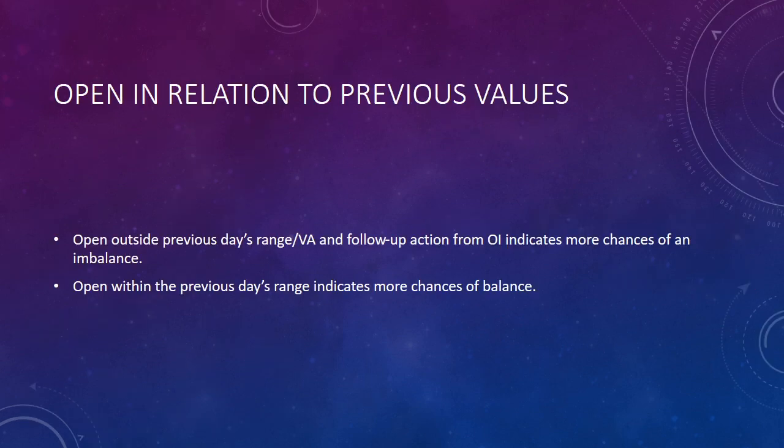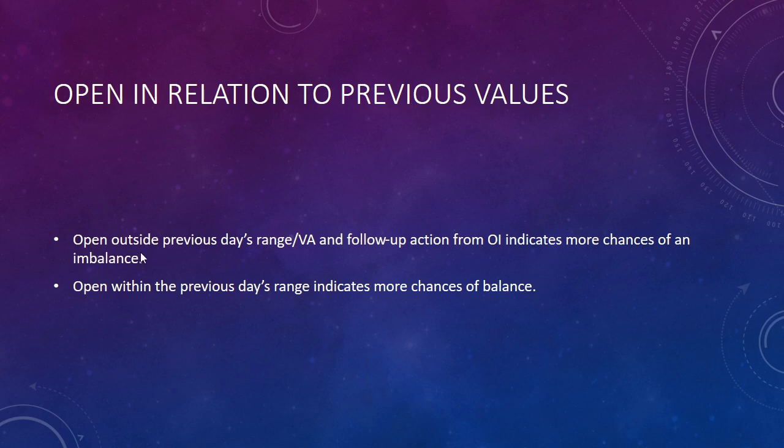So we'll go to the first topic, open in relation to previous values or ranges. When the opening price is outside the previous day's range or value area, and you can use these interchangeably, on either side, higher or lower, and we see follow-up action, big action coming from the OI data, that indicates the day is going to be an imbalanced day.